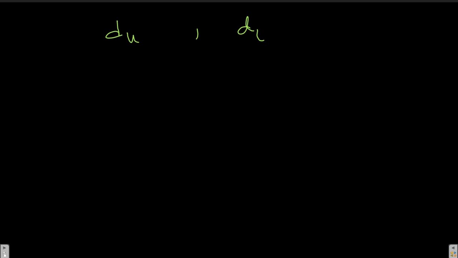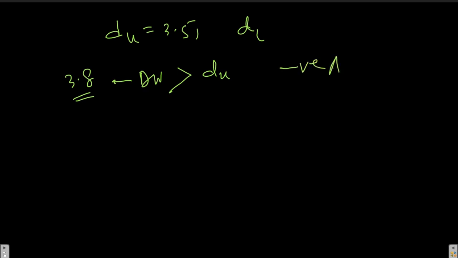So let's say in this case our D upper is 3.5. Now if my calculated DW is greater than D upper, let's say DW is something like 3.8, then I will say there is a significant negative autocorrelation. So negative autocorrelation is present.